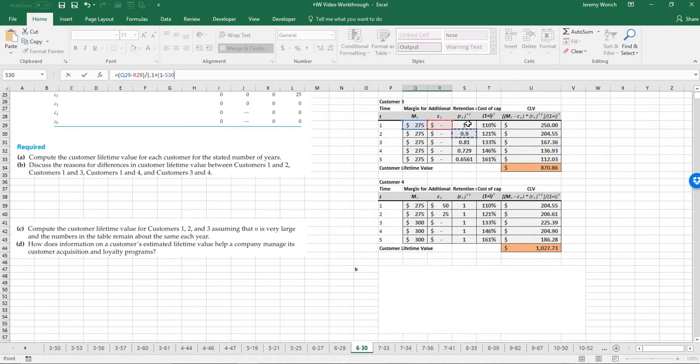It's actually 0.9, and this formula takes it to 0, so their actual retention rate is 90%. So, okay, that's the problem.